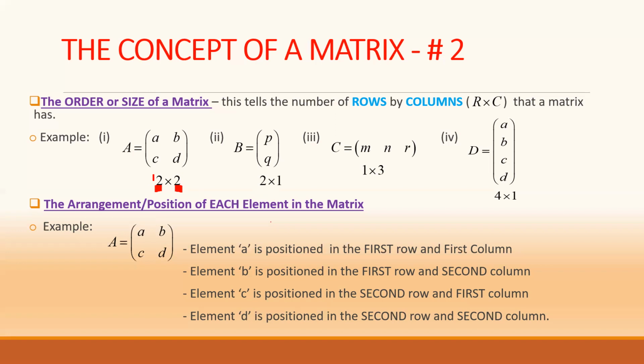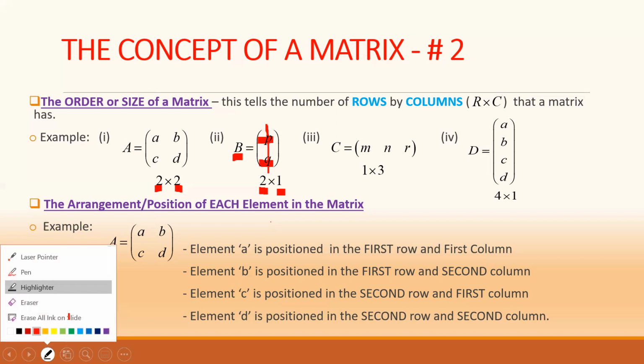It must be rows first, columns last. Okay, guys? So, quick recap. For example, matrix B here has 2 rows, so we write the 2 here. However, these elements are in 1 column, so we write the 1 here. So you always write the number of rows first and the number of columns last. I think that is explicitly clear.